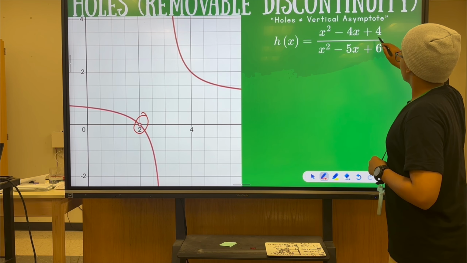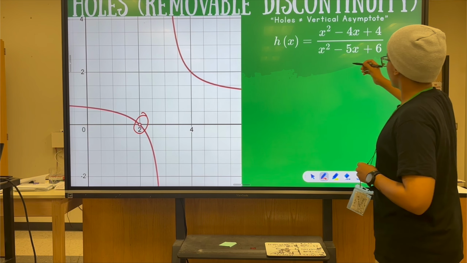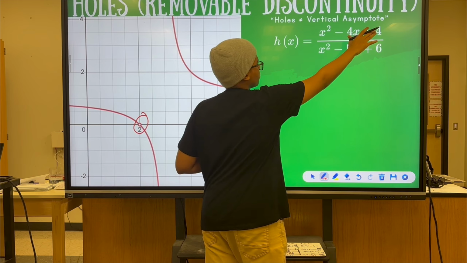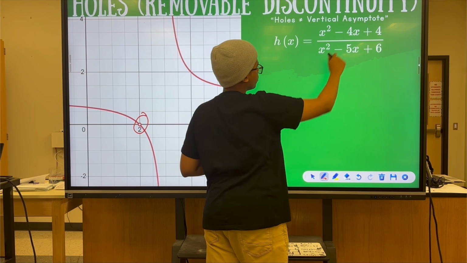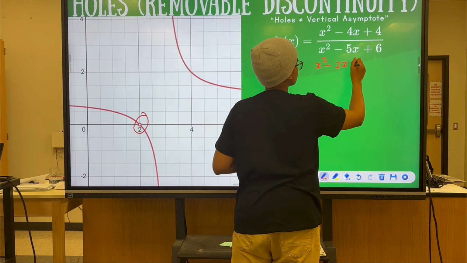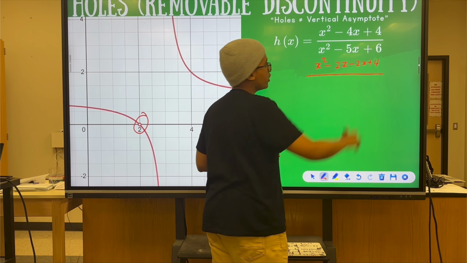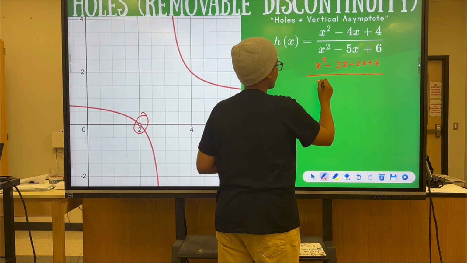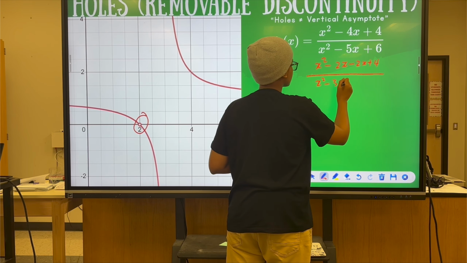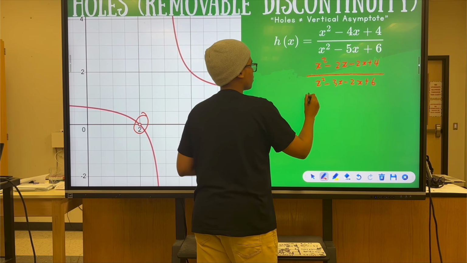If we were to use, per se, the square method, we would realize that the top would be x squared minus 2x plus 4, over the bottom, x squared minus 3x minus 2x plus 6. Let's factor this out.